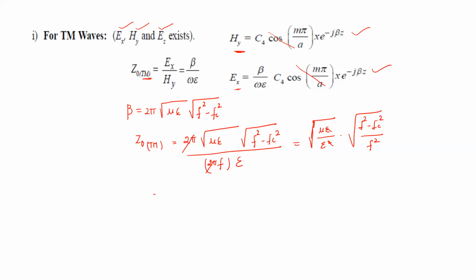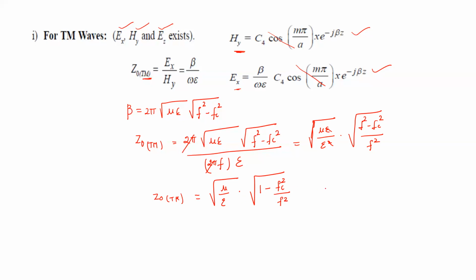So Z0 of TM waves can be written as root of mu by epsilon into root of f square minus fc square by f square. So if I divide each term in the numerator by f square, I can write this as 1 minus fc square divided by f square.